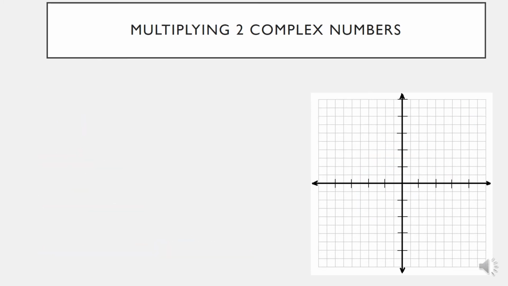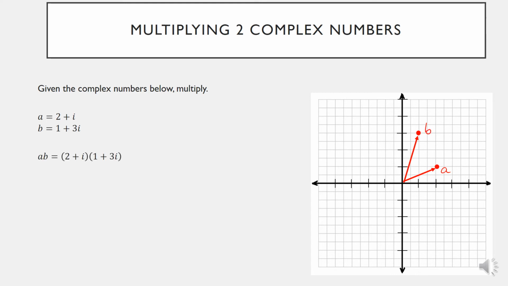Now multiplying two complex numbers, that's what we'll look at next. We've got a here, that's a. We've got b here, that's b, and a times b, so you have a 2 by 2 multiplication, working that out. Again, remember that anytime we see i squared, it's minus 1. So we get 2 plus 7i minus 3.